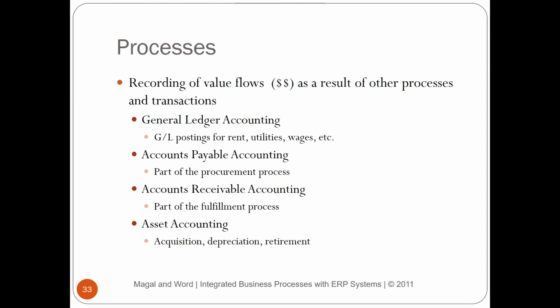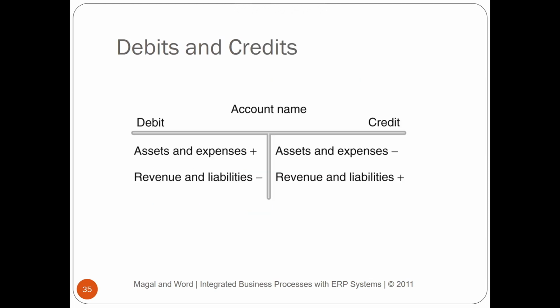The balance sheet accounts are grouped into assets and liabilities, while profit and loss accounts are divided into revenues and expenses. These figures show how postings are debited and credited to these accounts using a T account.